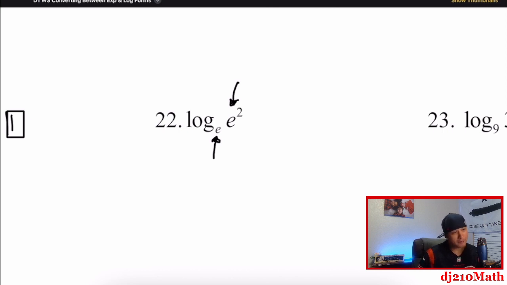There's a property I want to show you, but I think it's going to come up in a separate video. But just in case you missed it, e to the x is equal to e squared. Then you can set the exponents equal to each other. This is going to equal 2.